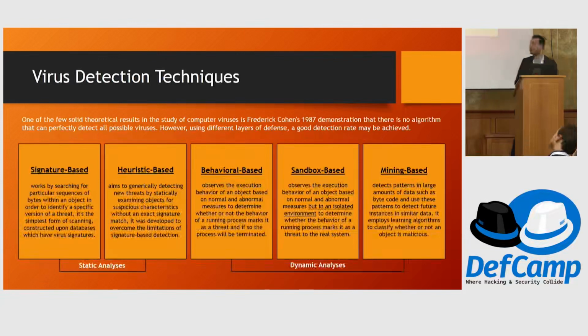Okay, so putting it very simple and clear, I really like Frederick Cohen's demonstration in 1987, one of the best solid theoretical results to study, where he demonstrated that no algorithm can perfectly detect all the threats in your environment.